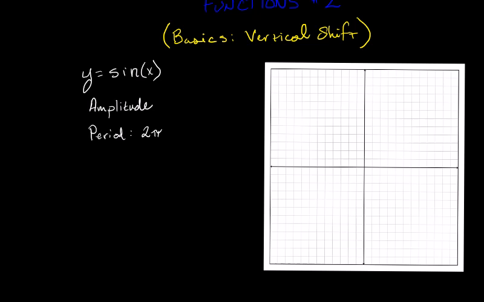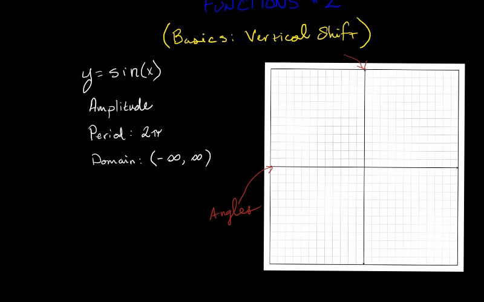It also has a domain of all real numbers, so from negative infinity to infinity on the x-axis. Remember that our x-axis is representing the radians or the angle measures, right? And then your y-axis is representing your ratios or the values you're getting after you plug it in.